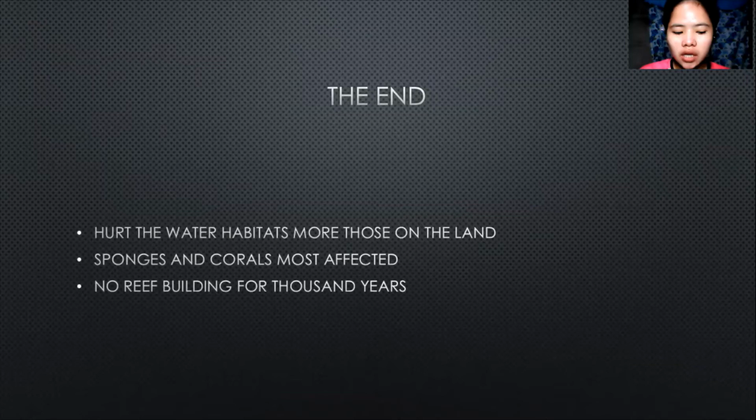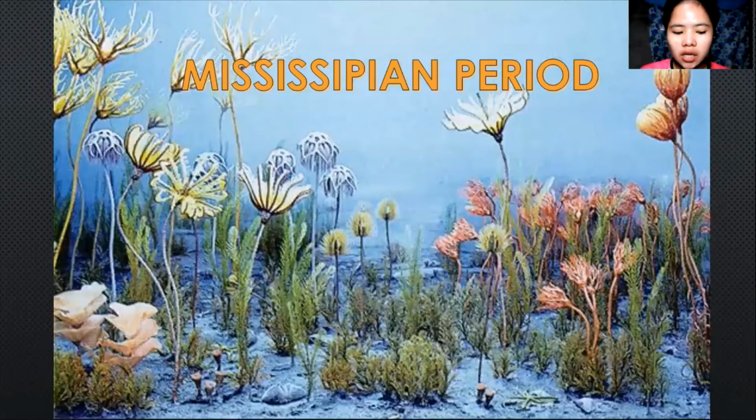So after the Devonian, we have the Carboniferous period, which is divided into two sub-periods, the Mississippian and Pennsylvanian.